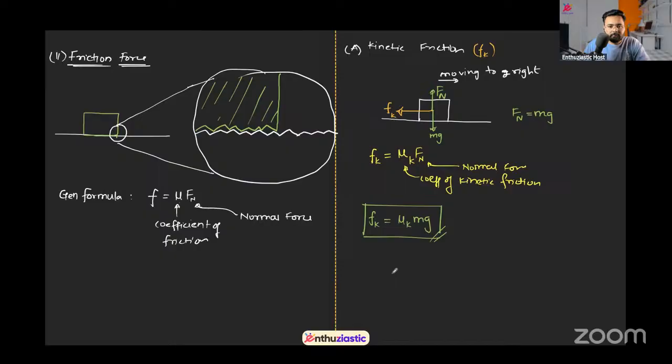All right, I hope this is clear. Now, what if the surface is inclined? What would be your normal force? Mg is going to act in the downward direction. This is angle theta. This is your normal force.